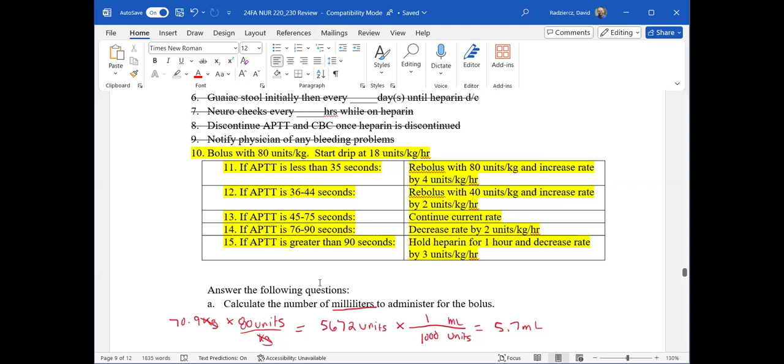So the rebolus is with the 40 units per kilogram, and then the other one adds the 2 units per kilogram per hour. Yep. Okay. So remember, anytime we're dealing with a rate, that tells you that's your mL per hour, your flow rate. And if it's rebolus, it's just one time, and your answer is going to be in milliliters. Okay.